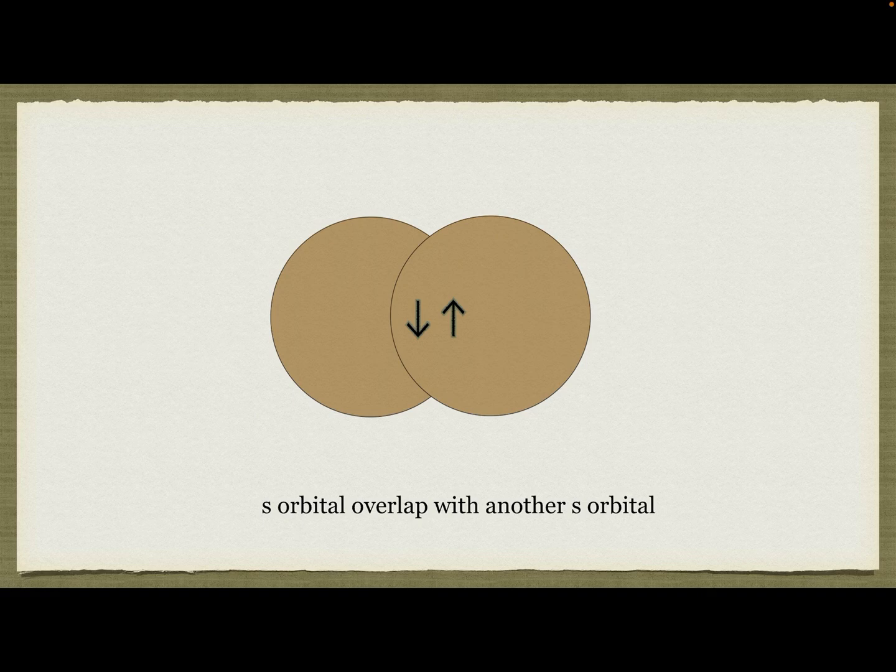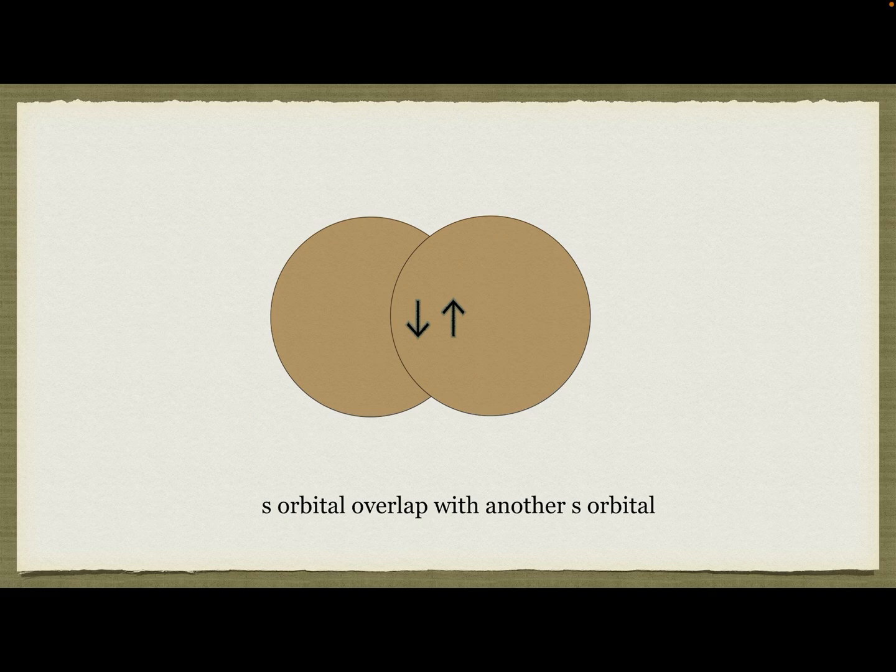So each contribute one electron, and then after that the overlapping area will have one pair of electron. Tempat yang bertindih tu akan ada sepasang elektron, akan ada dua elektron. So dekat sinilah berlakunya covalent bond, sebab kita punya s orbital dengan s orbital tadi tu telah bertindih dan telah menyebabkan elektron tu boleh dikongsi.